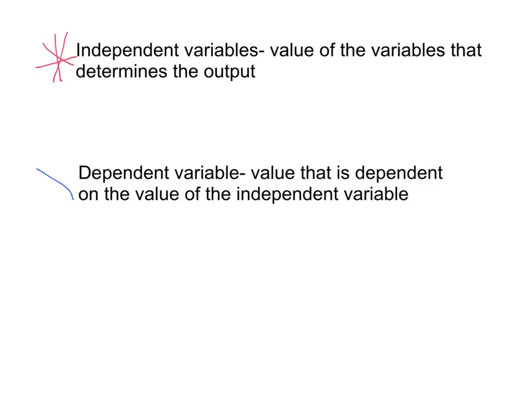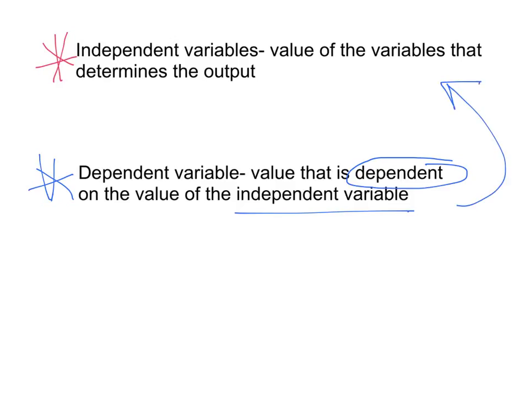The dependent variable is a value that is dependent on the independent variable. So this number is dependent upon this number, because whatever you do to the independent variable gives you the dependent variable.